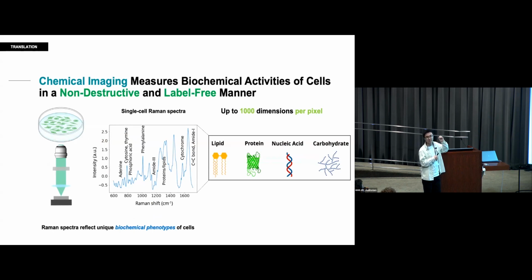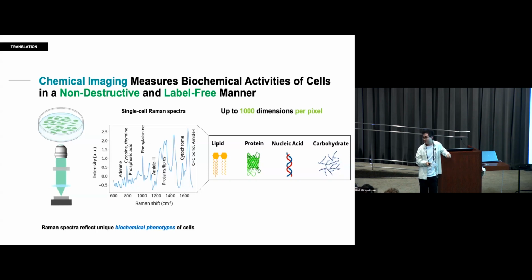Which means that at the per-pixel level, you have up to 1,000 features, 1,000 channels, that give you information on lipids, proteins, nucleic acids, or different metabolites. So it's a composite measurement of the bioreactions inside of a cell. Combined with this, we already showed in the paper that you can predict single-cell RNA-seq.